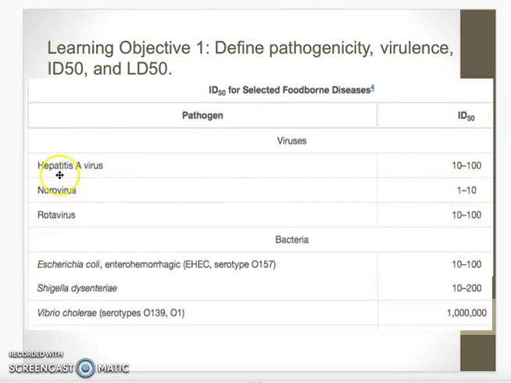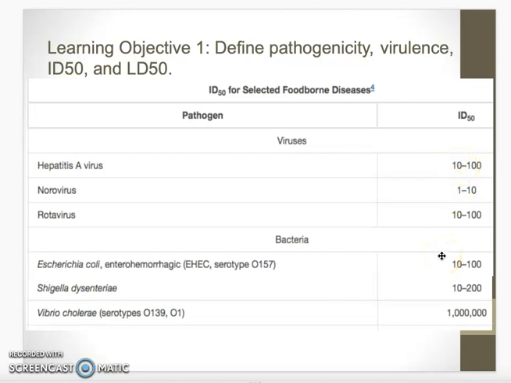So for hepatitis A virus, it takes 10 to 100 viruses to cause active hepatitis A in a host. Something like norovirus, it only takes 1 to 10. So a single virus can cause active infection in an average host. So we would say norovirus has higher virulence and hepatitis A is lower virulence.